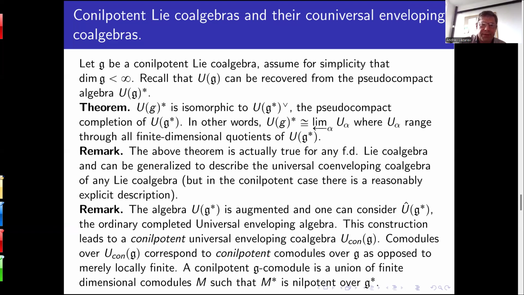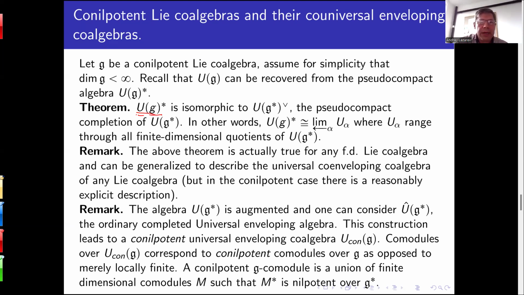So they can be recovered from their duals as a continuous dual. Okay, so let G be a conilpotent Lie coalgebra. Then we'll have the following theorem, which is actually true in a slightly more general context, but we're only interested in conilpotent Lie coalgebras.